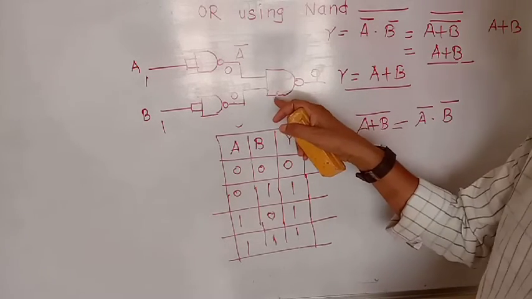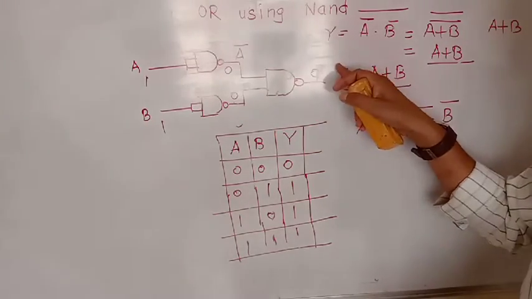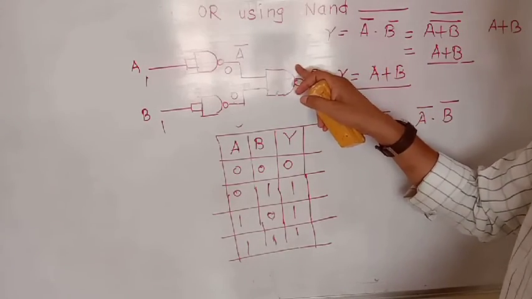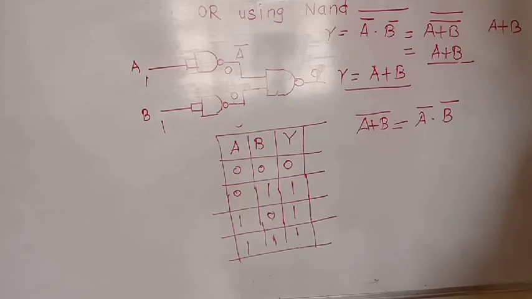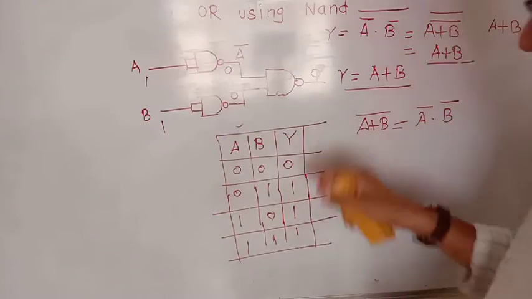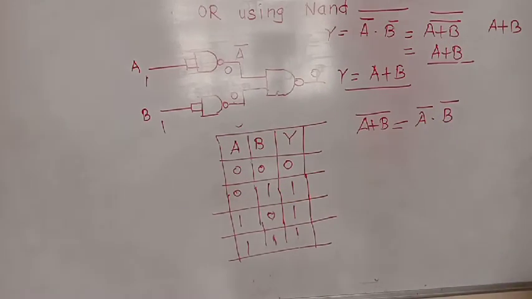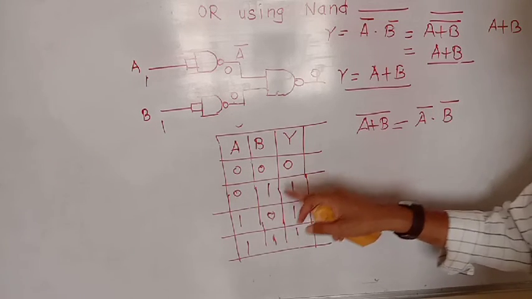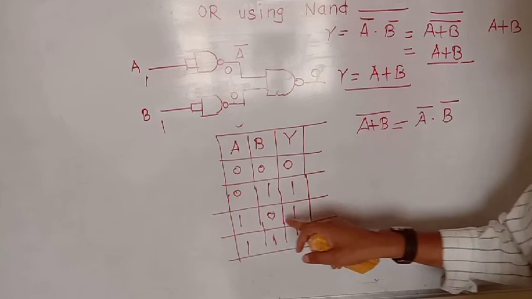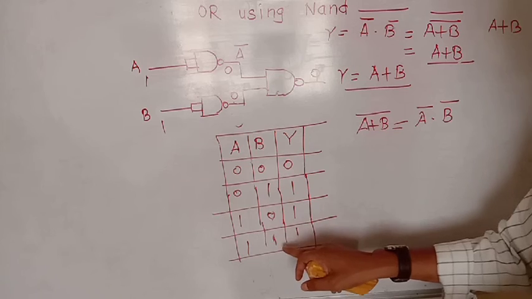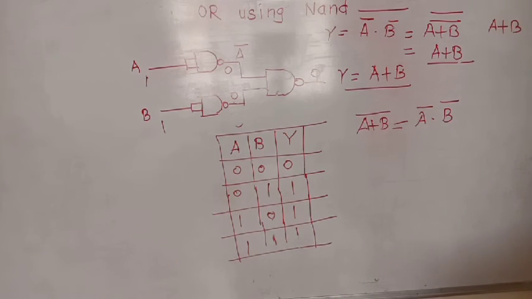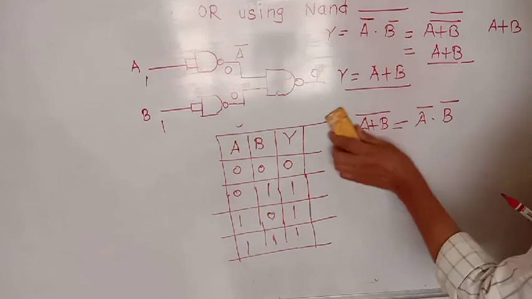We know that the equation of NAND gate is Y equal to AB bar. So 0 into 0, 0, and 0 bar means 1. So when inputs are 1 1, output is 1. So this is the truth table of OR gate: 0 plus 0 is 0, 0 plus 1 is 1, 1 plus 0 is 1, and 1 plus 1 is 1. So this is OR using NAND.